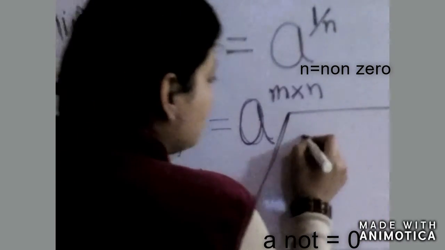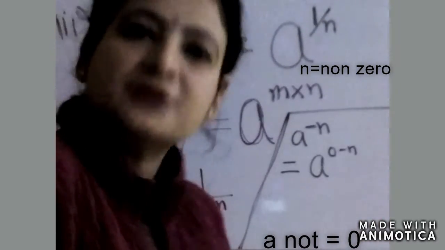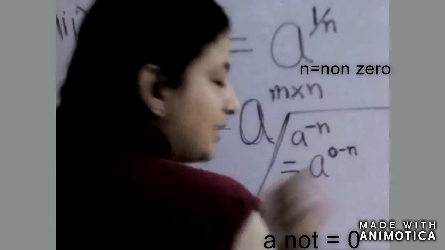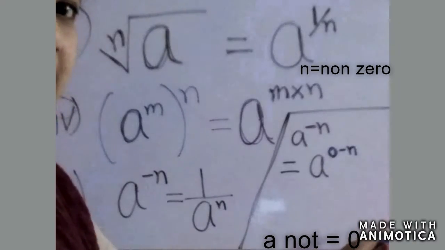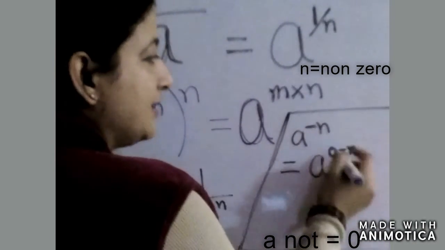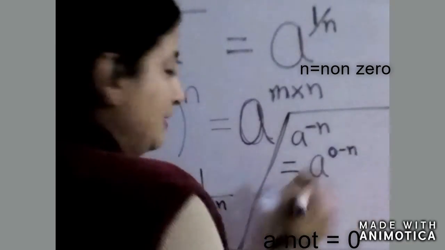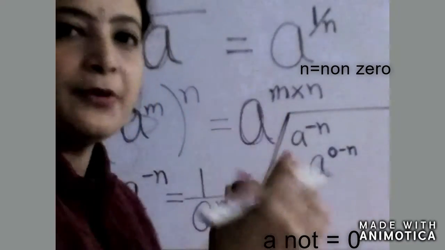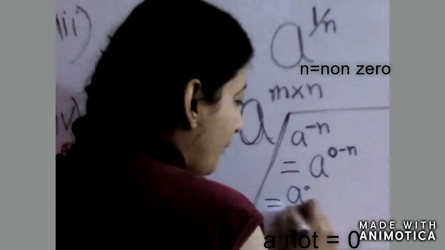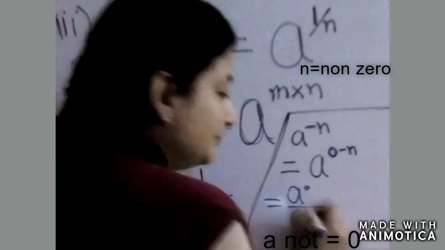According to this, when we subtract from 0, the number itself comes with a negative sign. So a to the power minus n we can write as a to the power 0 minus n. And now according to the a to the power m minus n rule, we can write it as a to the power 0 by a to the power n.